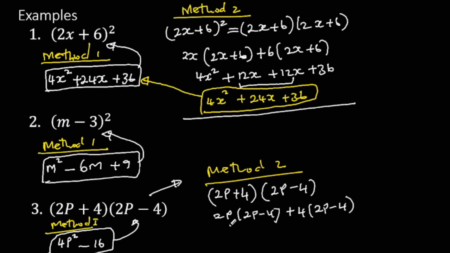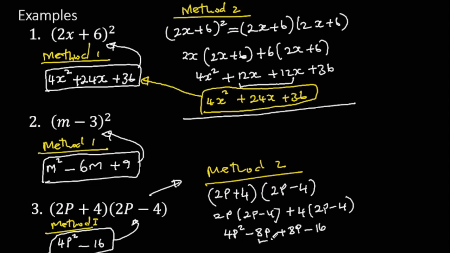Expanding the first bracket, 2p times 2p is going to give us 4p squared. 2p times negative 4 is going to give us negative 8p. Then the second bracket, 4 multiplied by 2p is going to give us positive 8p. Then positive 4 times negative 4 is going to give us negative 16.